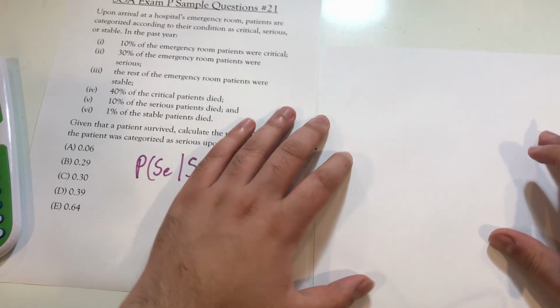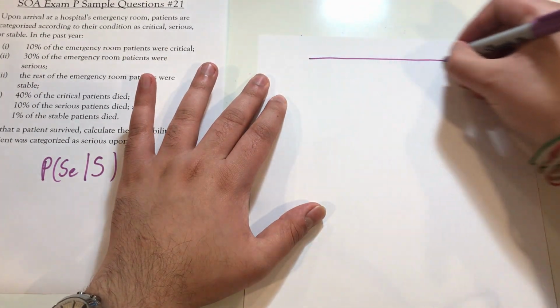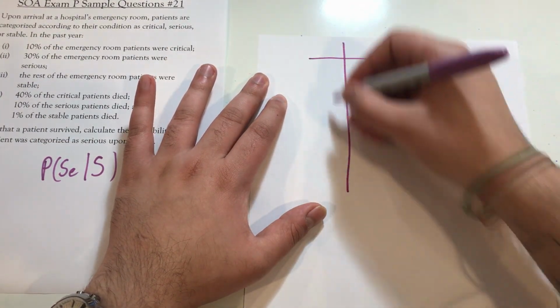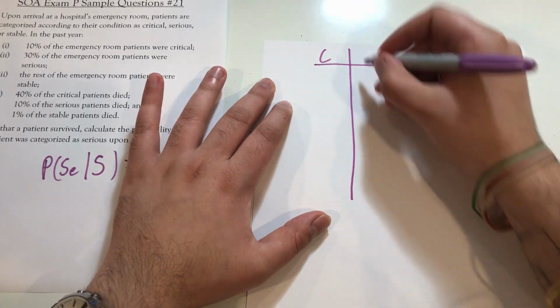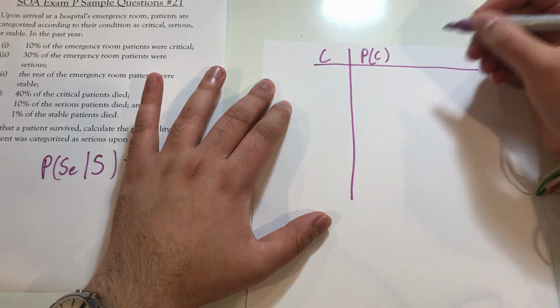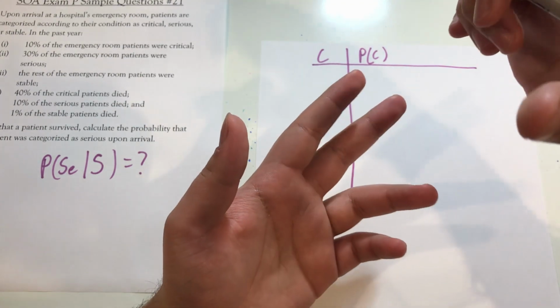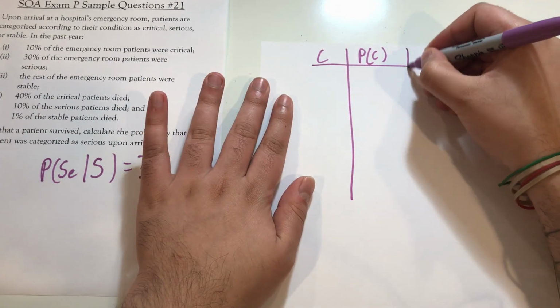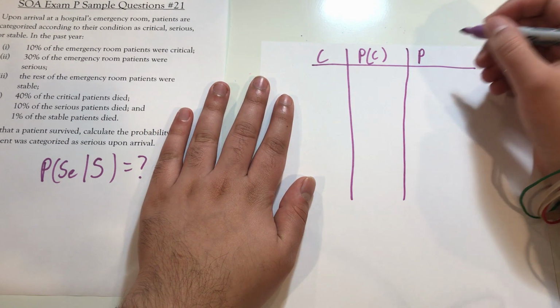So since I'm dealing with conditional probabilities, I'm going to make a table as so. Here will be their condition, C. In this column, I'm going to put the probability that a randomly selected patient is in that condition, either critical, serious, or stable. And then the probability that a patient died.